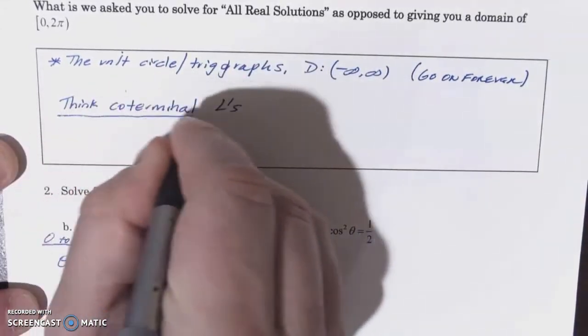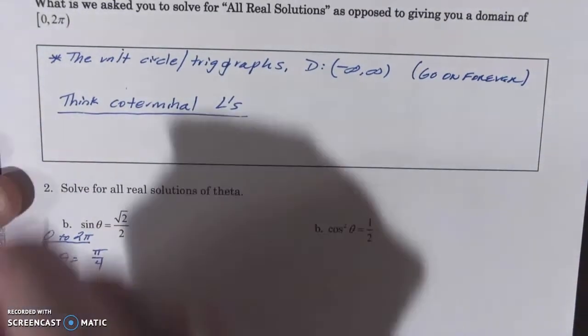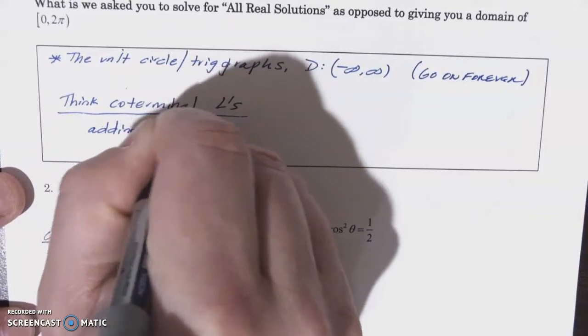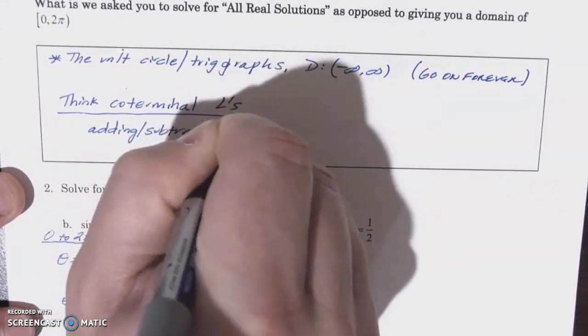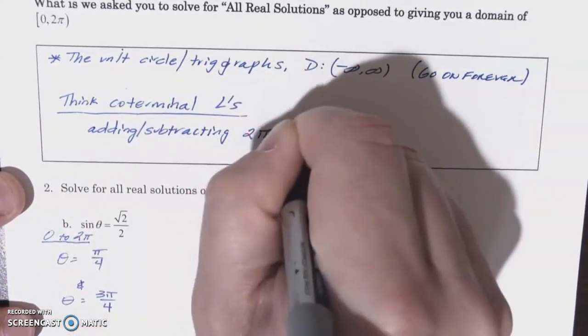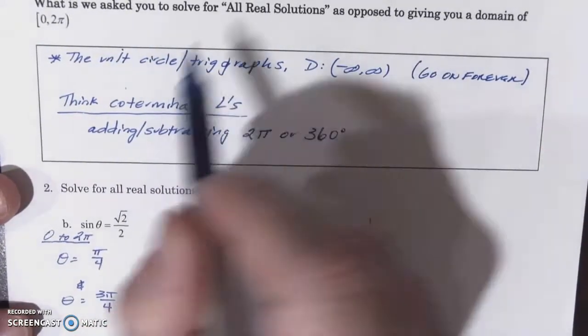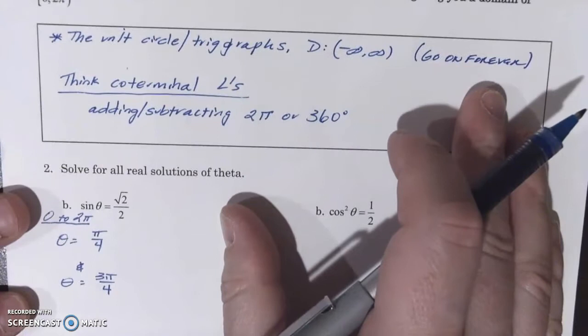And remember, to find coterminal angles, we were adding or subtracting 2 pi or 360 degrees, because that's just an extra revolution around the unit circle. Okay?